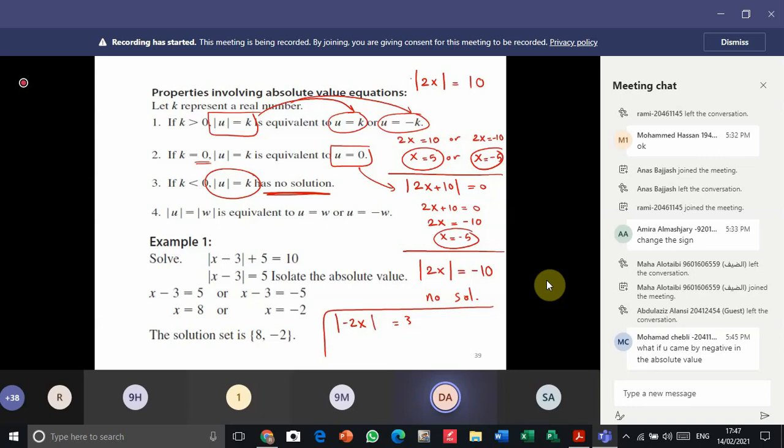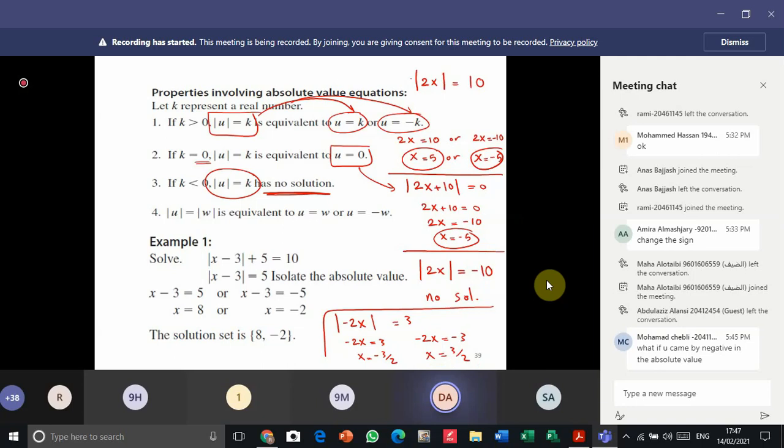Solve it like this. We have negative 2x equal 3, negative 2x equal negative 3, no problem. By dividing by negative 2, x equal minus 3 over 2, x equal 3 over 2. Take it as it is. Just remove the absolute value and put on the other side positive and negative.